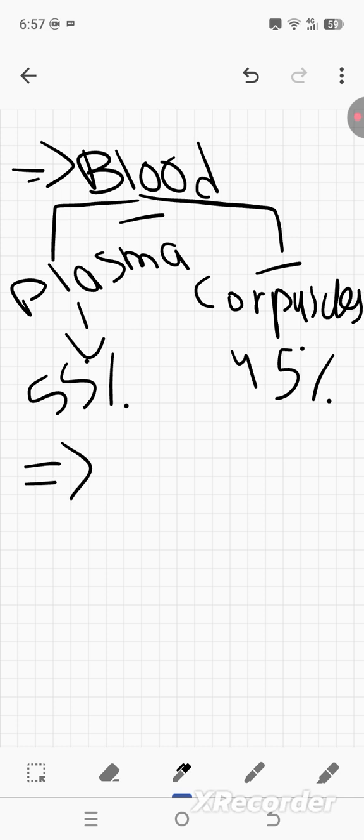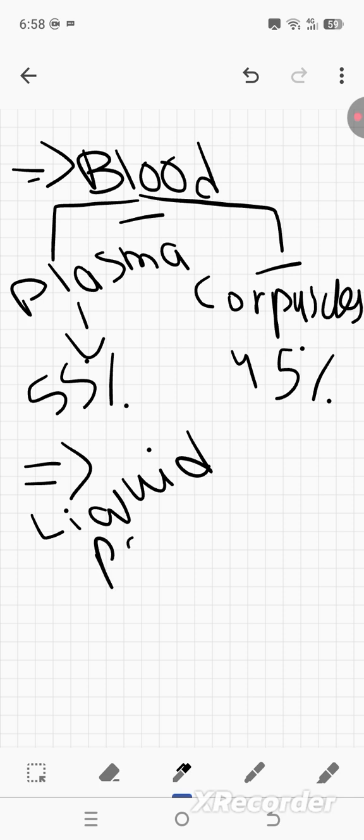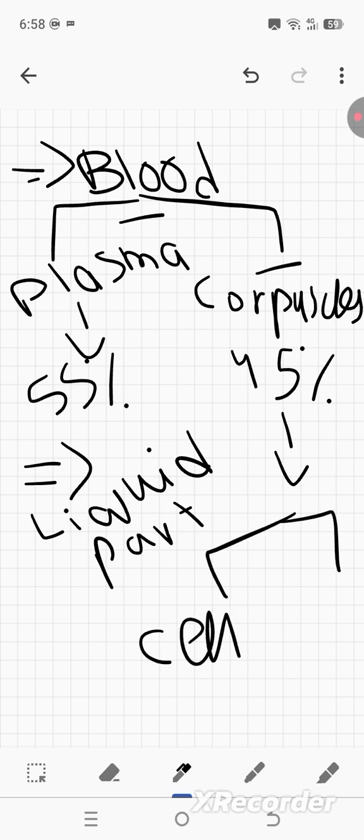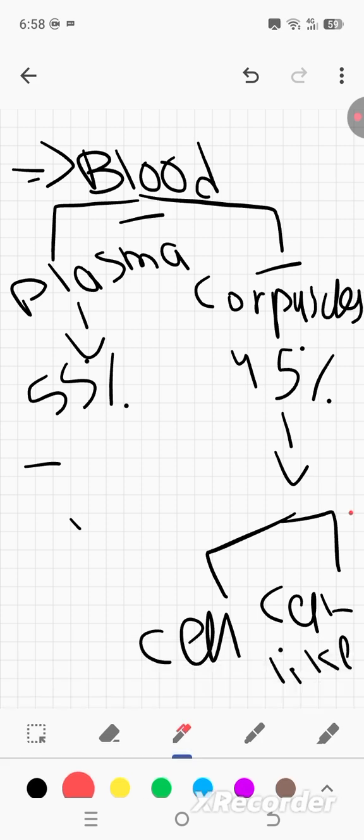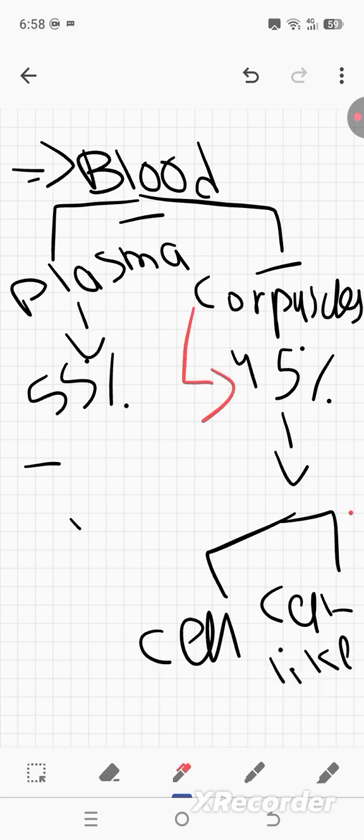Plasma is a liquid part, and corpuscles have two divisions: cell, and cell like, which is not a cell but looks like a cell. Corpuscles have further two divisions, cell and cell like.